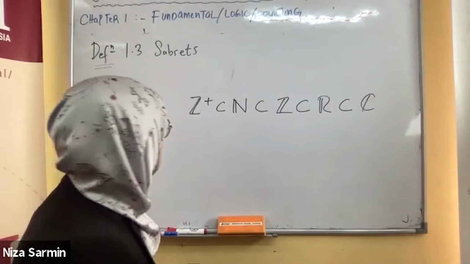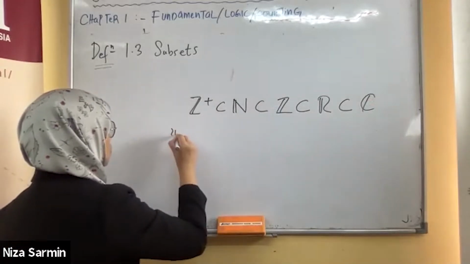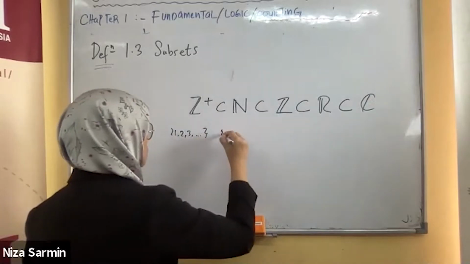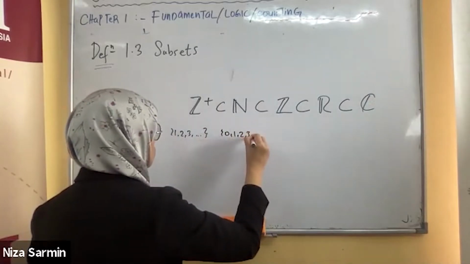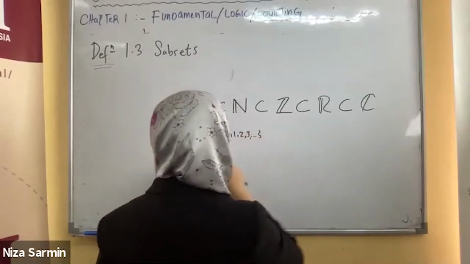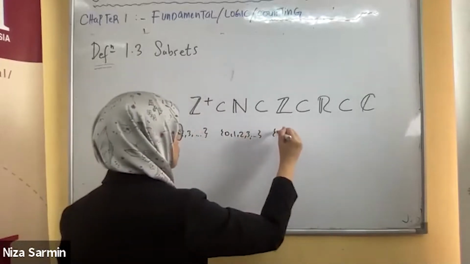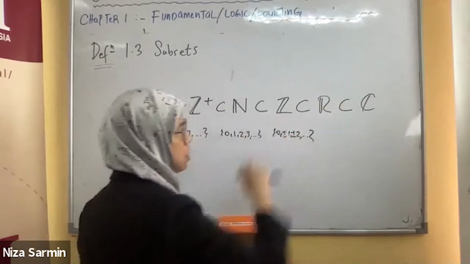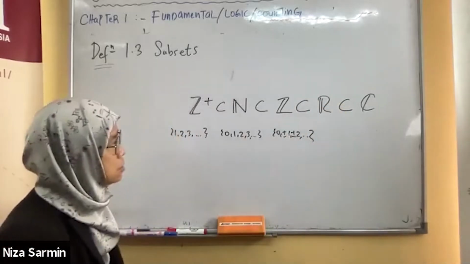Because this starts from 1, 2, 3, this has 0, 1, 2, 3. This one has positive and negative of this one. This is all numbers, real numbers.